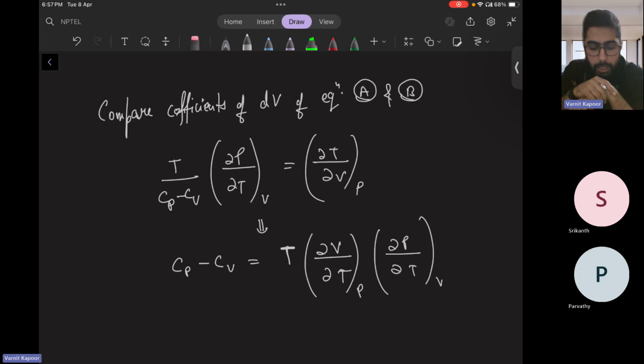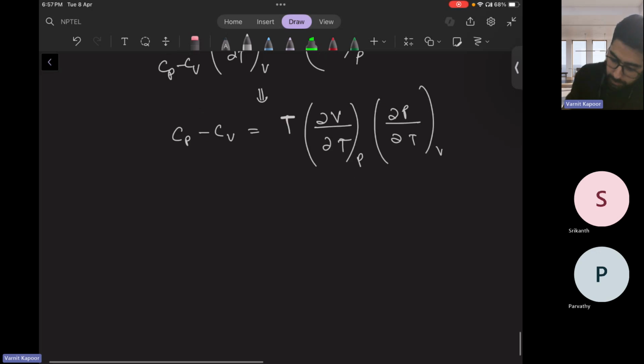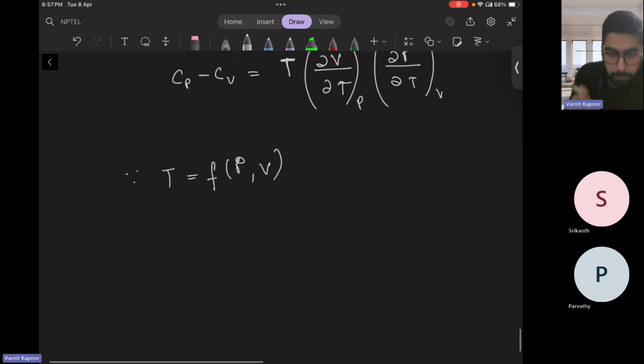Then we did one relation in our previous tutorial, a theorem. Since T is a function of pressure and volume, we know that the product of the three partial derivatives is equal to negative 1.